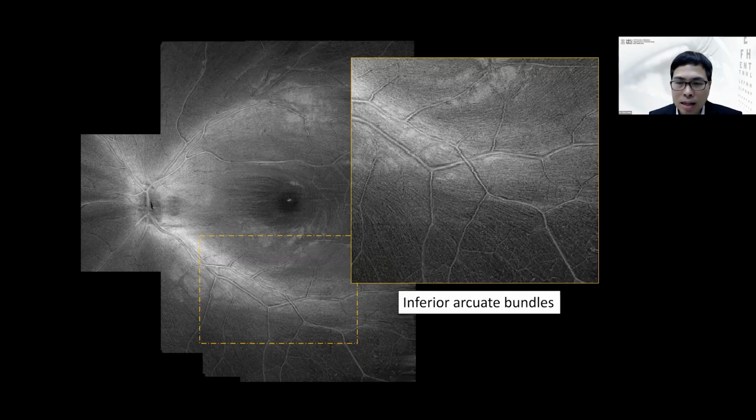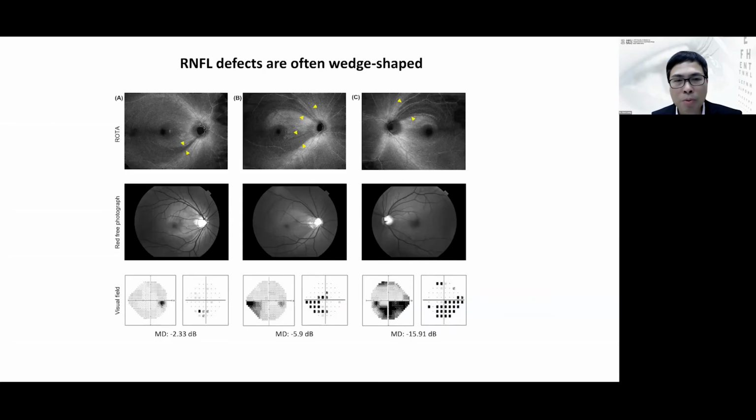Now, when you understand the anatomy of the distribution of these axonal fiber bundles, you can appreciate retinal nerve fiber defects. When they are there, they take up a wedge-shaped configuration. Wedge shape means that the area of abnormality expands from the optic disc margin towards the macula and the peripheral retina.